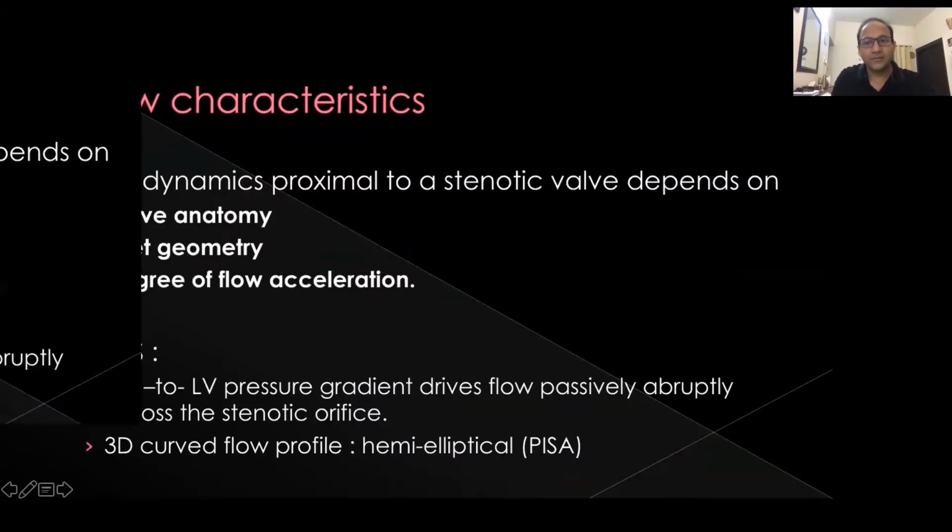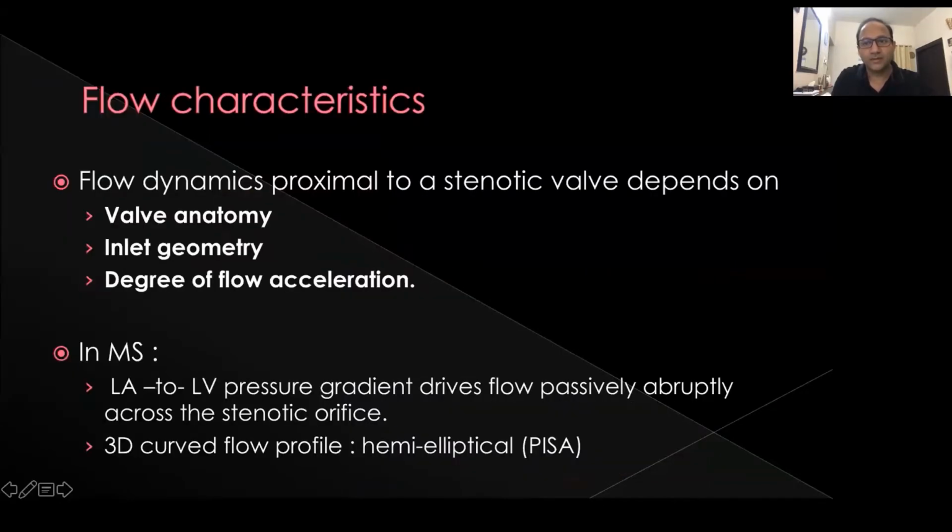Now, when we talk about the flow dynamics of mitral stenosis, when there is a mitral valve which is stenotic, there is blood which is accumulating in the left atrium.